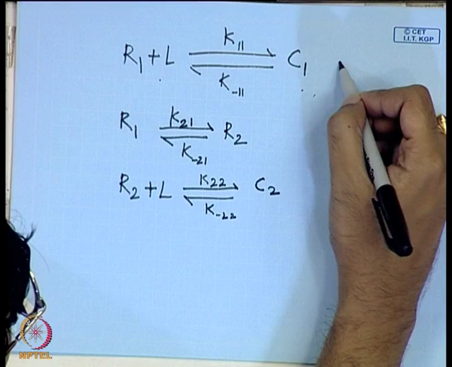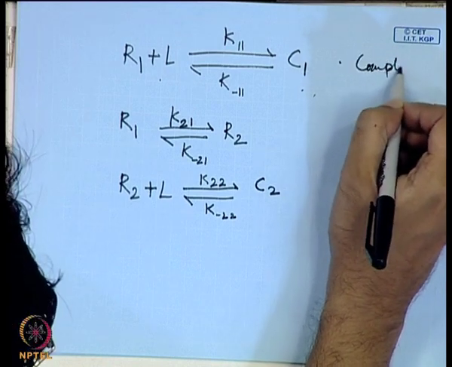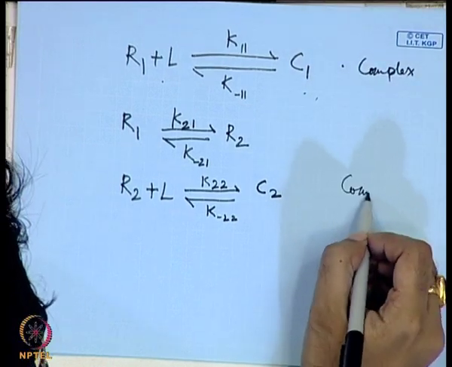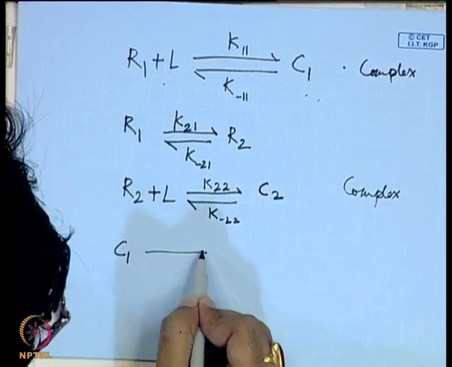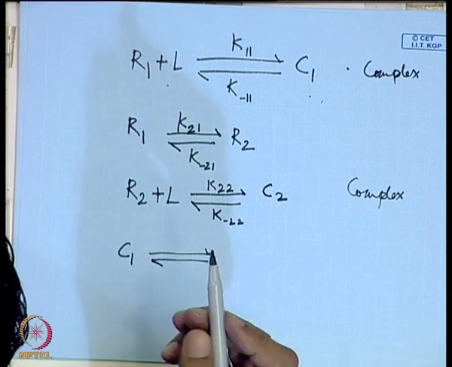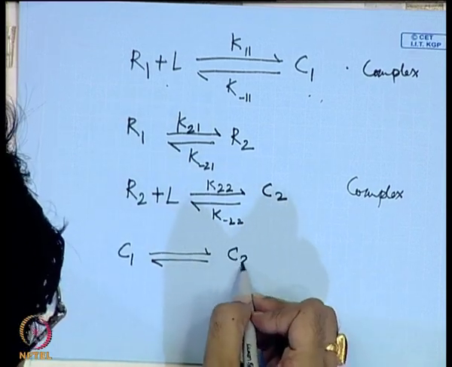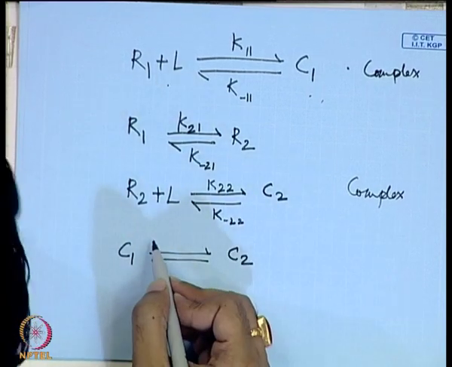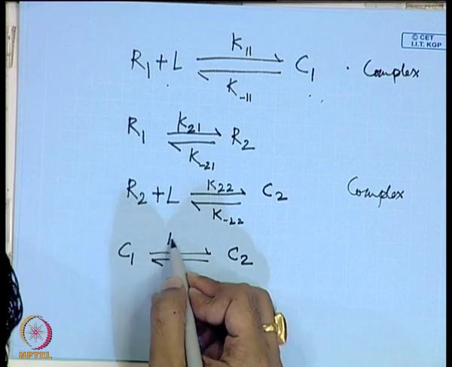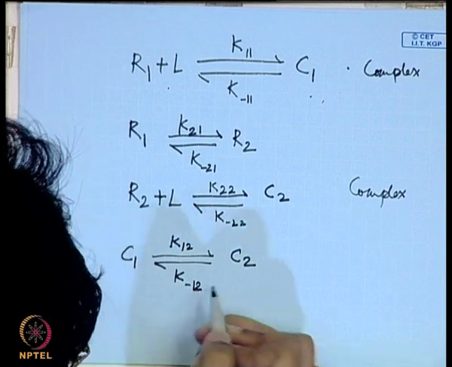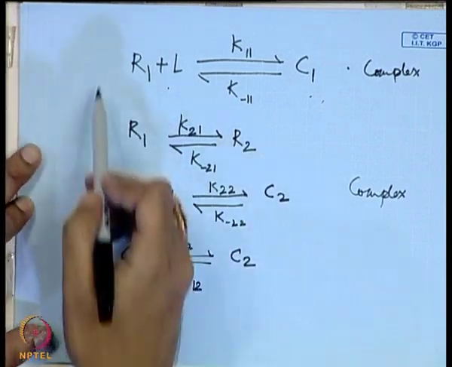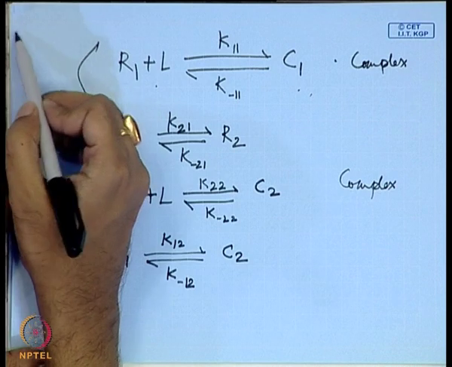These are the complexes, and it turns out that the complexes themselves can undergo conformational change to interconvert between each other. This is C2, and the rate constants for this are k12 and k minus 12. So, this is the set of reactions for interconverting receptor subpopulations.